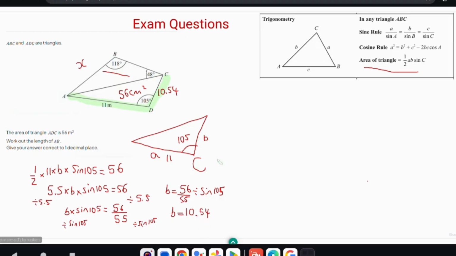Right, I'm going to change my labelling again though, because for the cosine rule, this has to be big A. We call it Y. B and C don't matter.